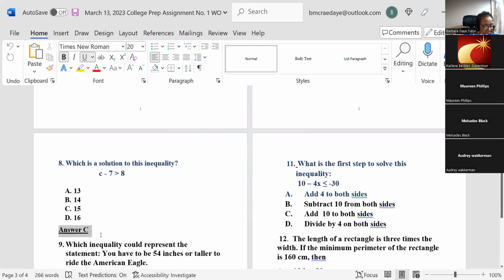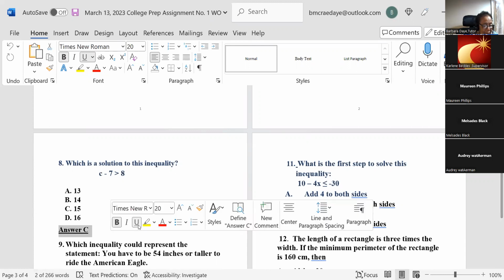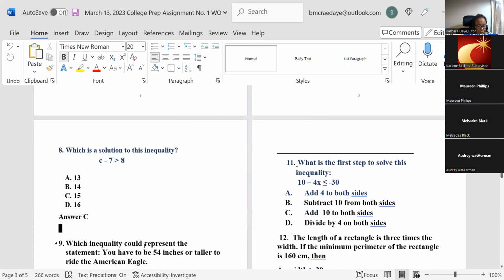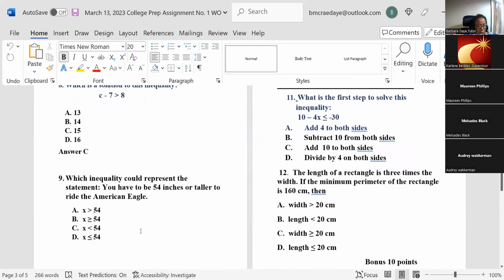Okay, let's look at number 9. Number 9, that's a word problem. Which inequality would represent the statement? You have to be 54 inches or taller to ride the American Eagle. That's number 9.